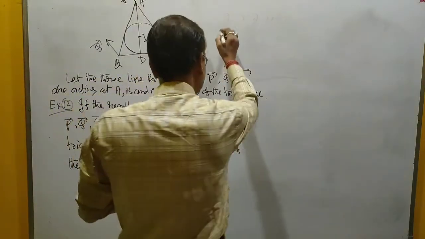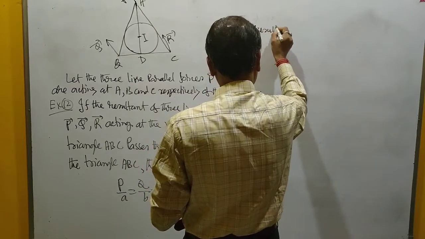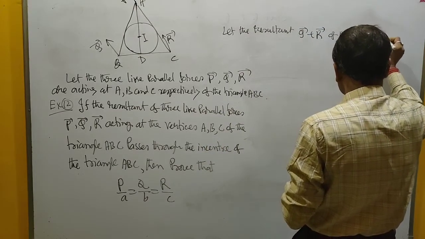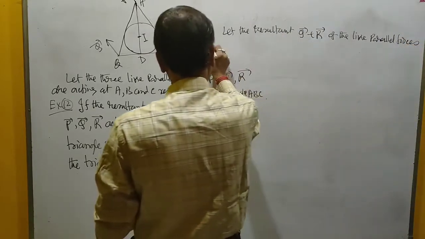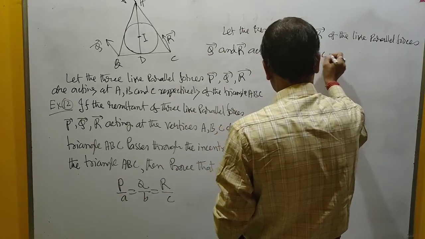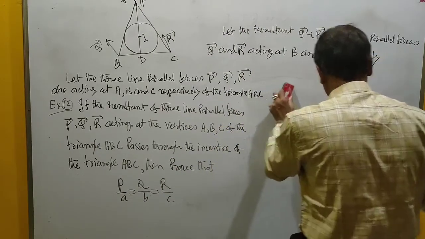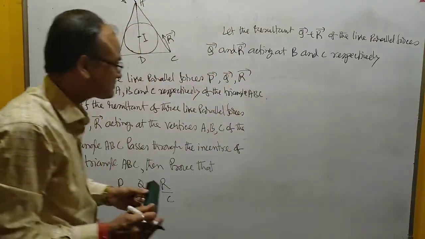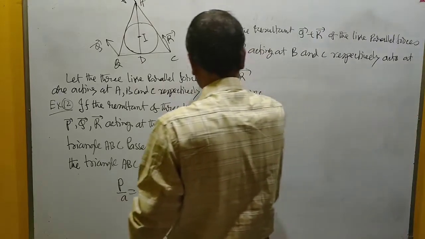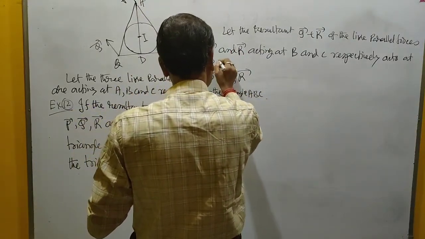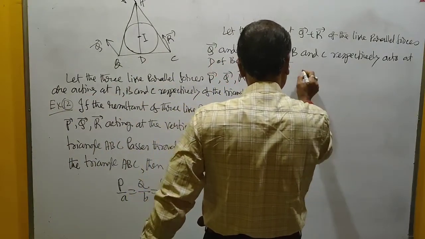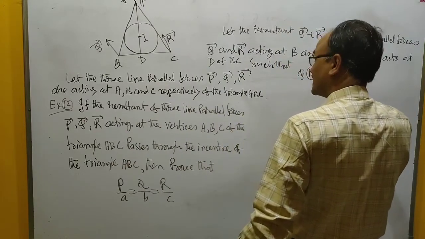Let the resultant Q plus R of the like parallel forces Q and R acting at B and C respectively act at D, a point of BC, such that we must have Q into BD equal to R into CD.